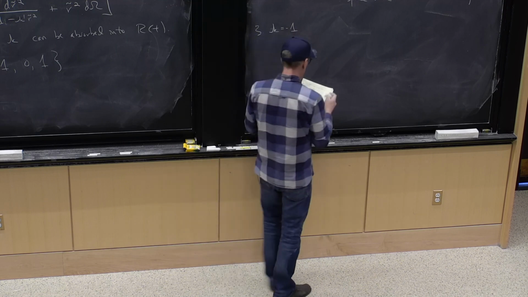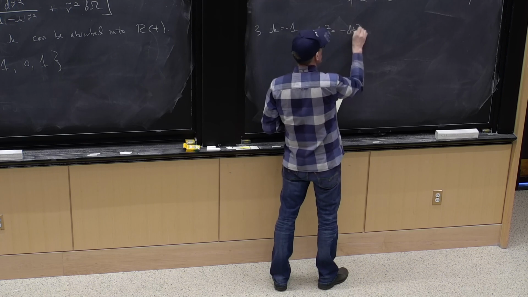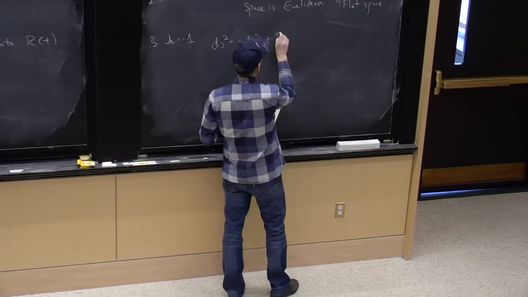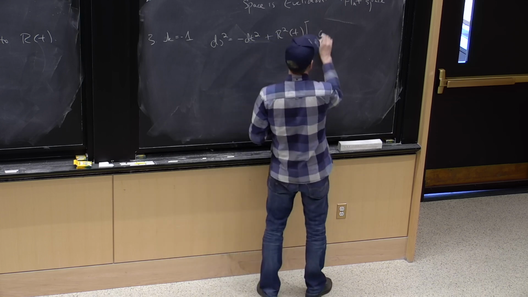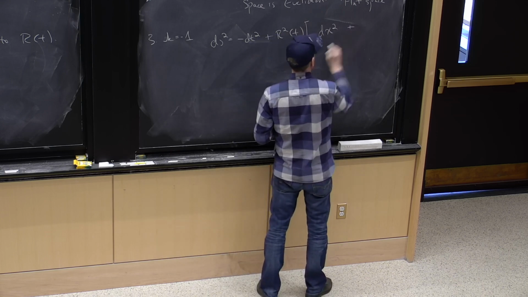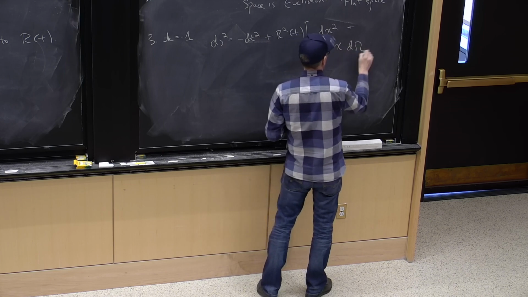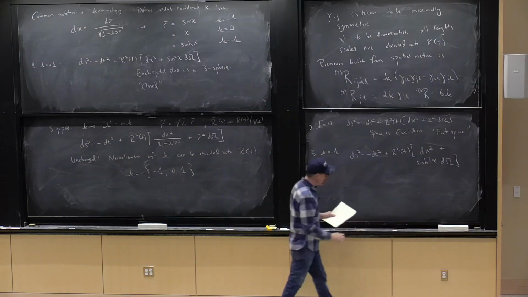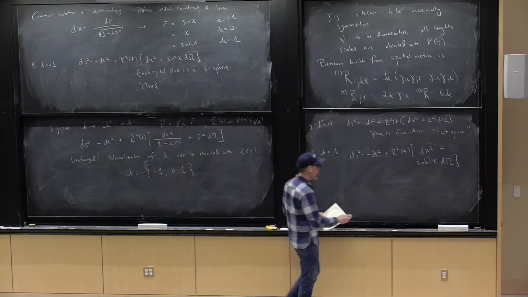K = -1. You get a form that looks like this. This describes the geometry of a hyperboloid.